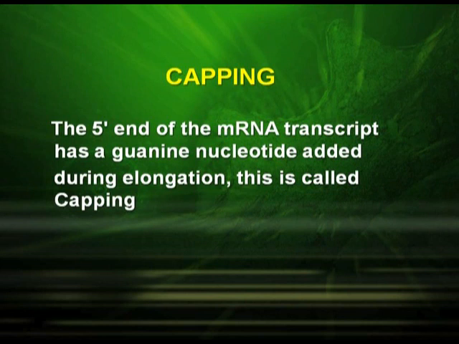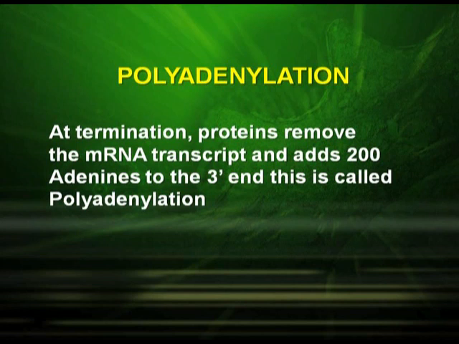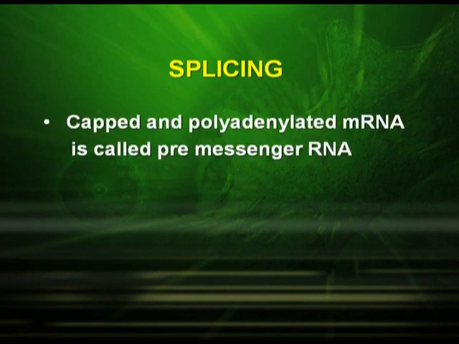The second modification is polyadenylation. At termination, the protein removes the mRNA transcript and adds about 200 adenines to the 3' end, and this is called polyadenylation. And the third modification is splicing. The capped and polyadenylated mRNA is called pre-messenger RNA.